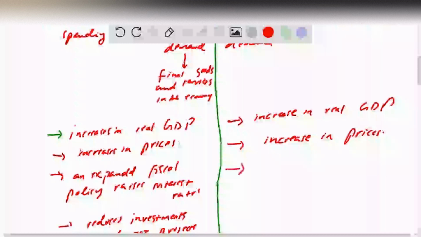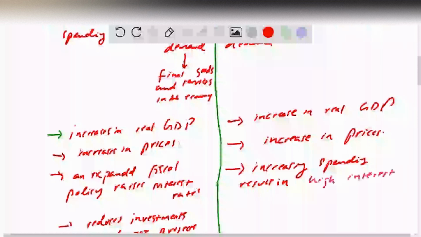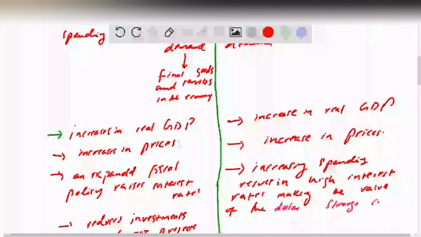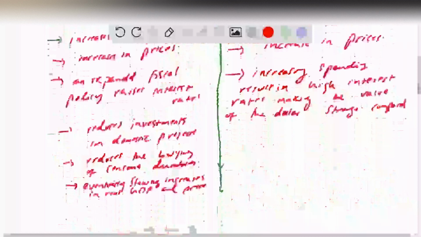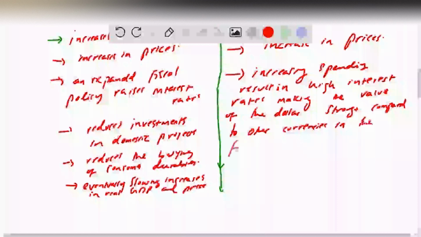But here is where things change. Increasing spending results in higher interest rates, making the value of the dollar stronger compared to other currencies in the foreign exchange market.